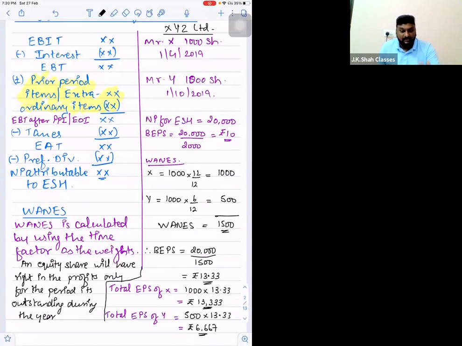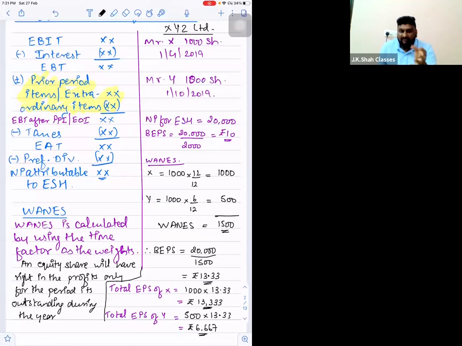See, if I say that a company has issued in the market overall 1 crore equity shares, can I say every year that 1 crore equity shares are only outstanding? Yes or no? So the weighted average number of shares will be equal to 1 crore only. Right?